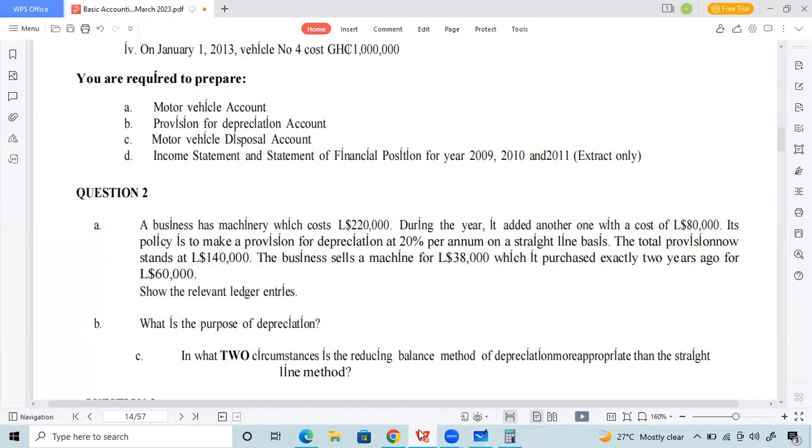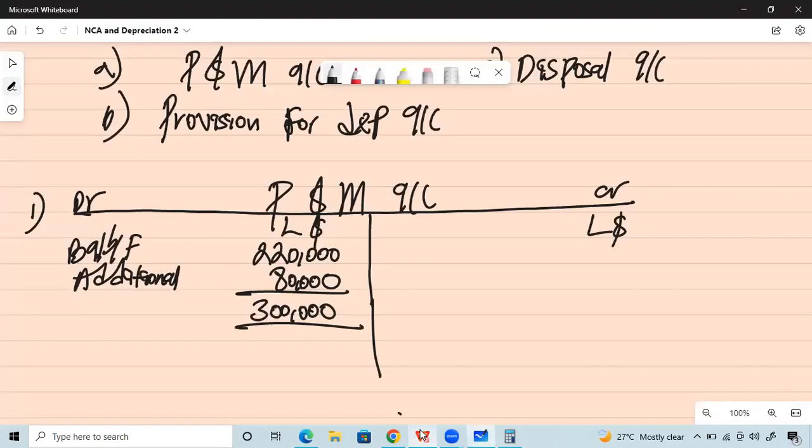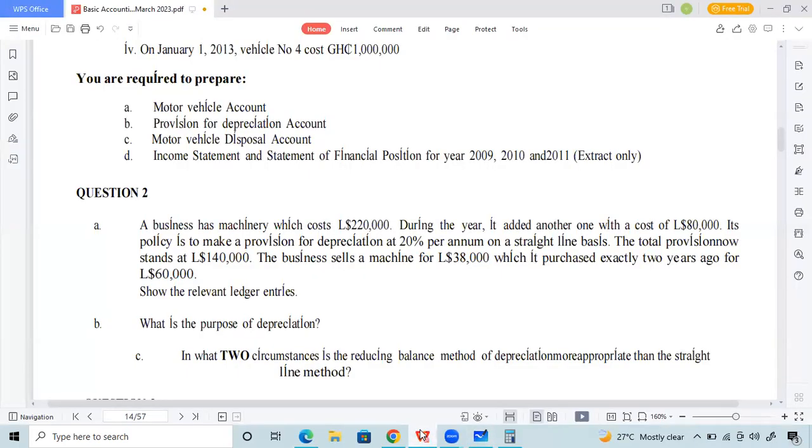It's a policy to make a provision for depreciation of 20% per annum. The business sells a machine for 38,000, which he purchased exactly 2 years ago for 60,000. I told you this before. In the asset account, you're only going to show how much you bought the asset, not how much you receive when you are selling it.